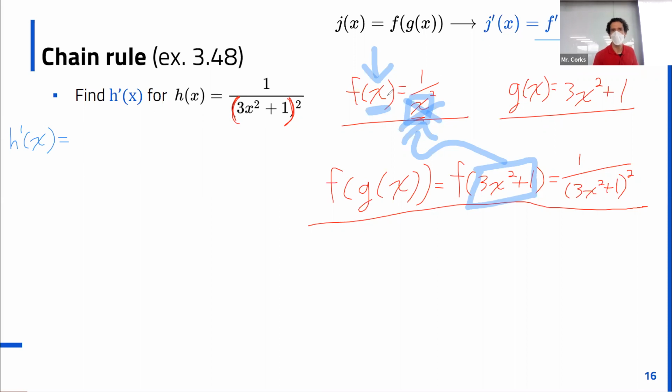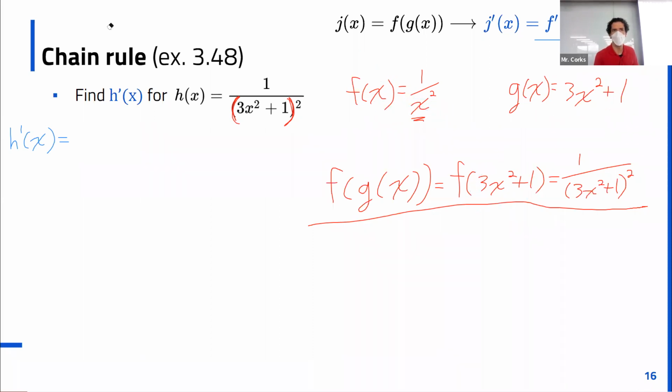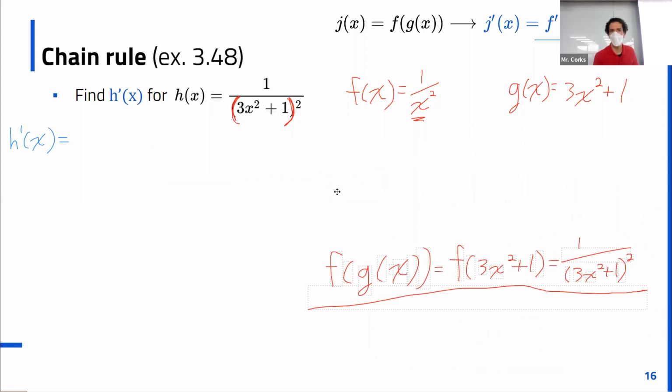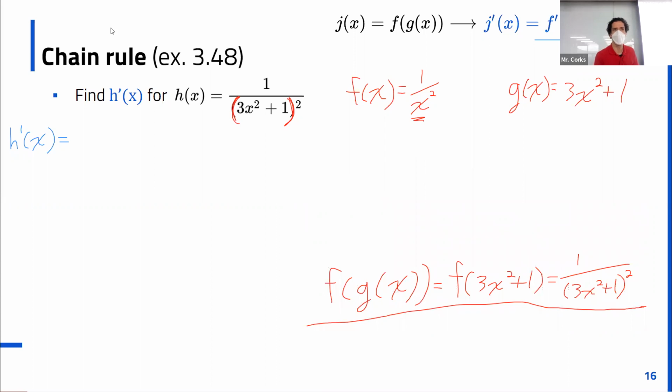Okay, so let's add one little bit here. Move all this down. What is our derivative of f of x?